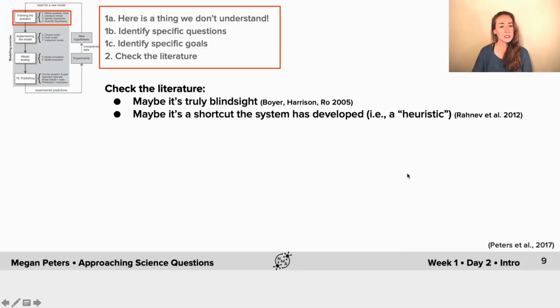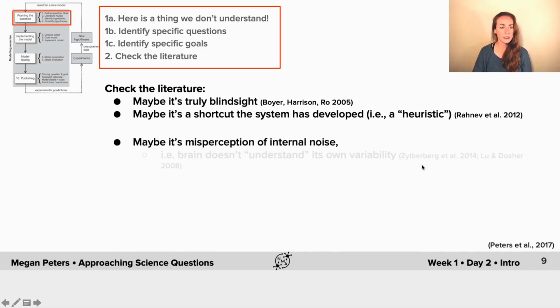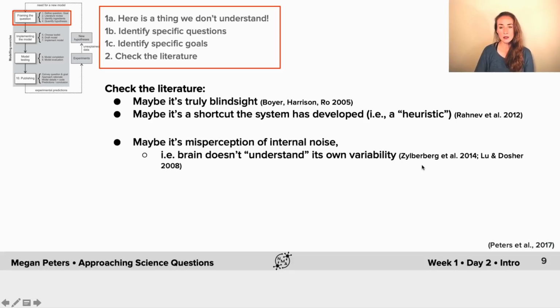I'm going to spare you the details, of course, because that's, again, not the point. But basically, there were some other findings. This is completely outside the realm of TMS and blindsight, but it's actually really useful and relevant nonetheless. Another one that we found is that people are really terrible at estimating their own internal noise, that the brain doesn't seem to do a good job at estimating how noisy it is.